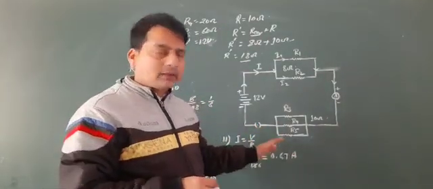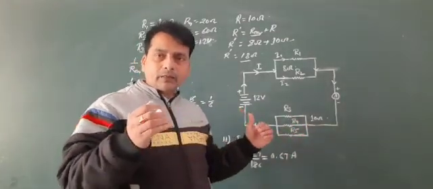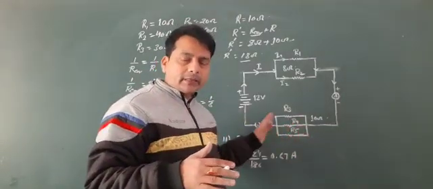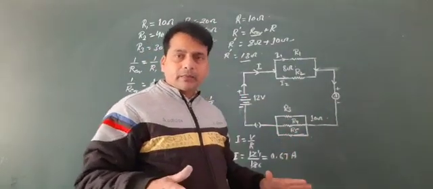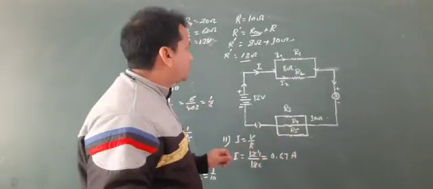Apply the rule of the series combination: two or more resistors in series, the electric current flowing through each resistor is the same, and the potential difference on each resistor is different.